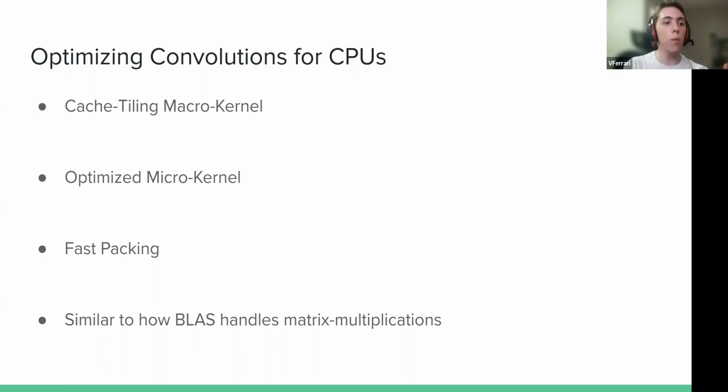The image-to-column transformation takes the windows of the convolution and transforms each window into a column of a larger matrix. And then you can solve the resulting problem with a GEMM routine from a BLAS library, for example. So in this case, you have a transformation step before you get to these three things.